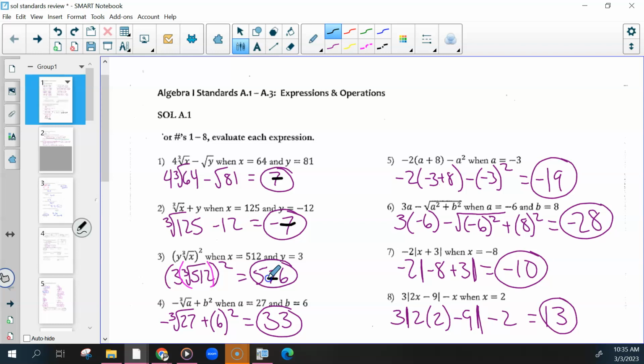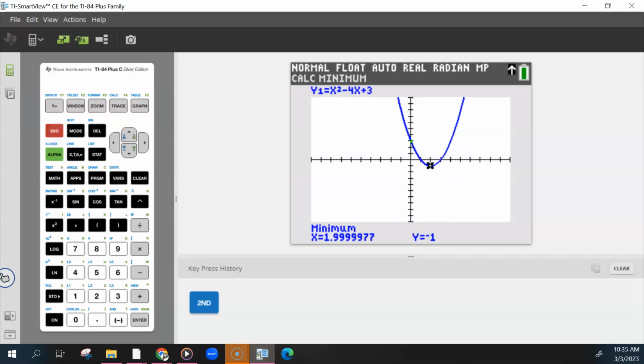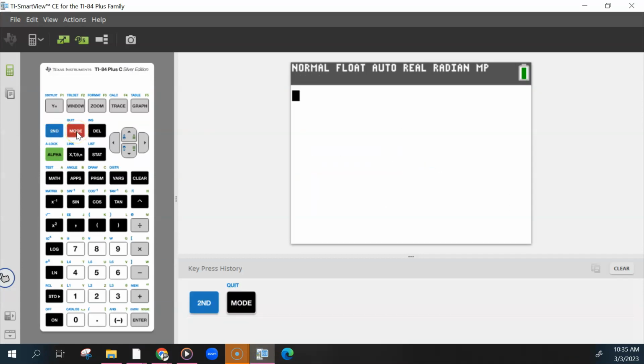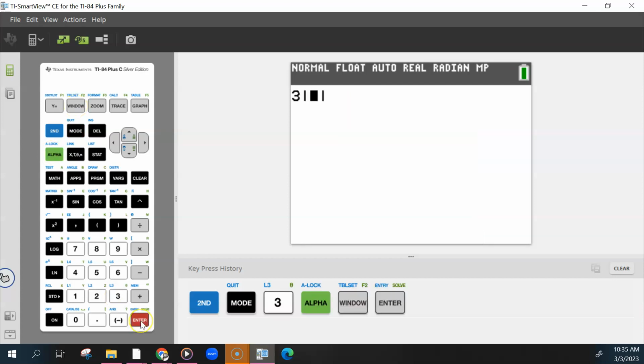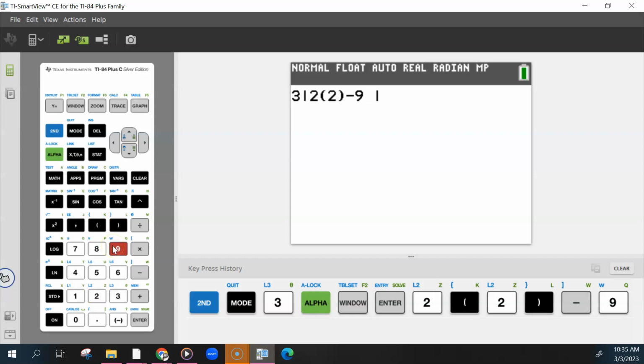Okay. For absolute value, you're going to go into alpha window. That first option gives you your absolute value signs. 2 times our x value is 2, and we're subtracting 9, is that correct?